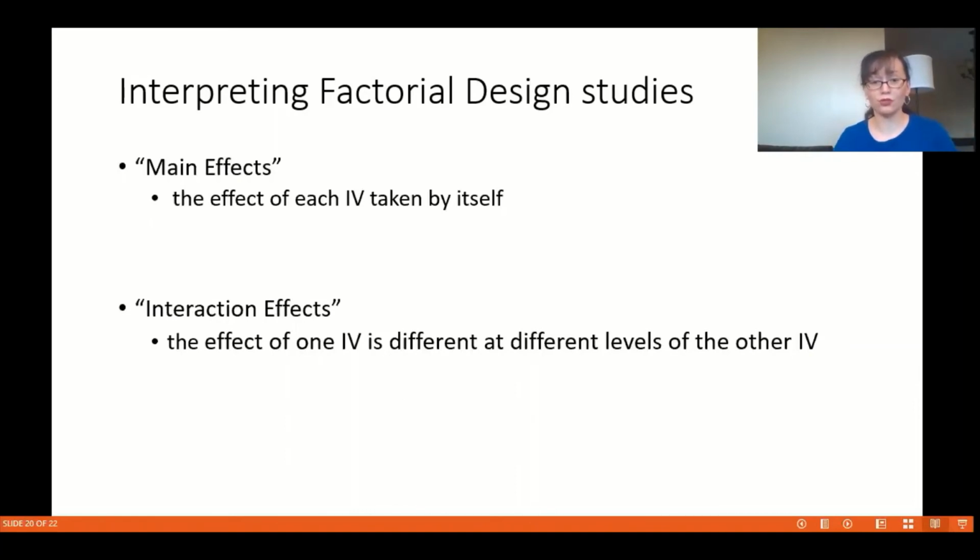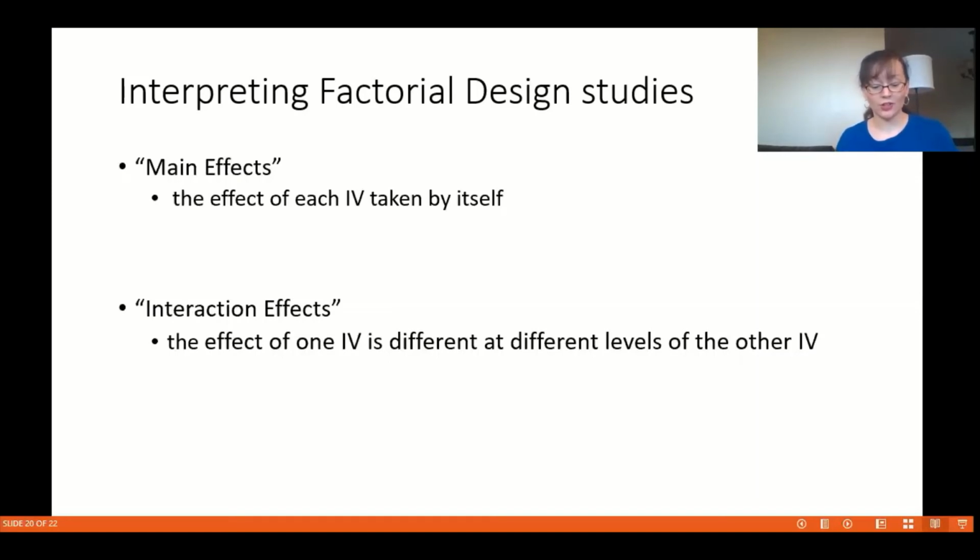Those weren't true experiments, but those ex post facto designs had to do with things like gender and age, variables that often look like independent variables, but the experimenter can't or doesn't actually manipulate. So with our factorial designs, we can have one true independent variable that gets manipulated, and the other can be just a participant variable.